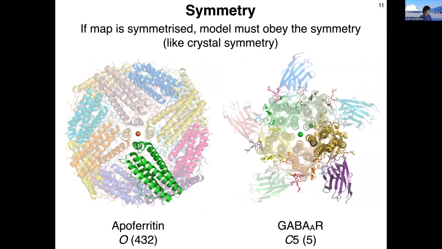So next, I would like to talk about the treatment of symmetry. Single particle analysis structures very often have some symmetries. And if the symmetry is imposed in the map reconstruction, then the structure model must follow that symmetry, like crystallographic symmetry. So we only want to refine the asymmetric unit.